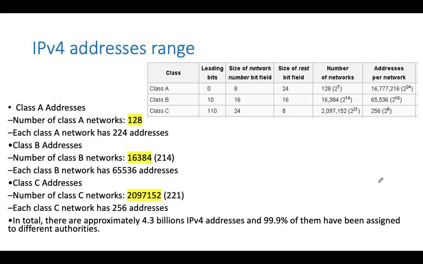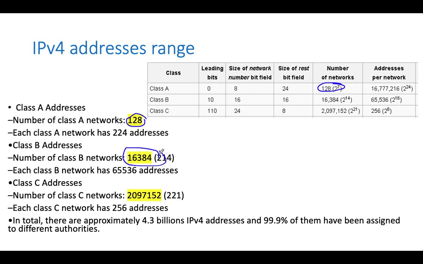Again, the class A. If you want class A, how many networks, not devices, how many networks can you have? 2 power 7. You can have up to 128 different networks. How many networks over here?